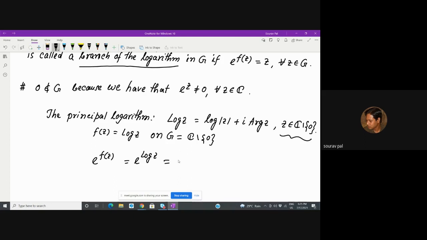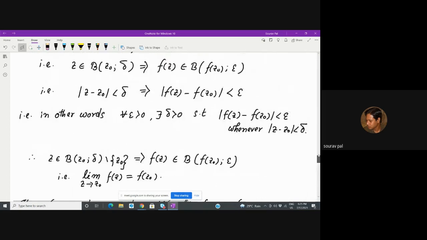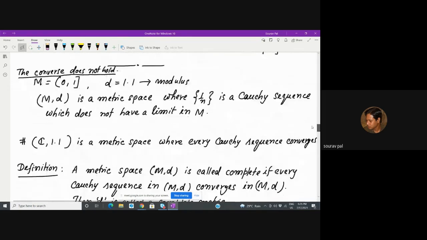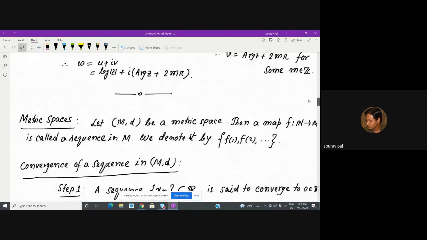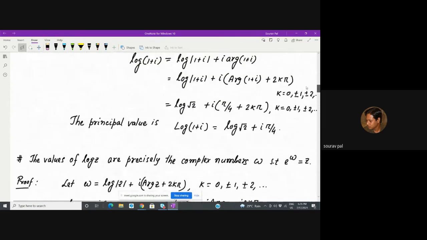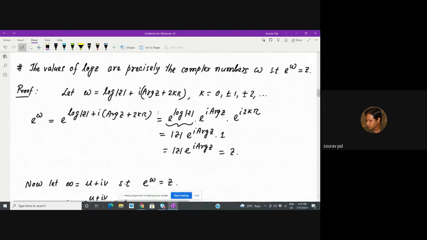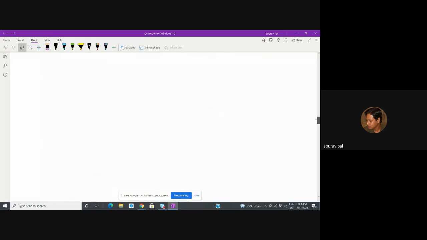So this is equal to z, right? This is what we did at the beginning of today's class. So e to the this guy is equal to z. In particular, if we choose the argument with only k equal to 0, then it is z.